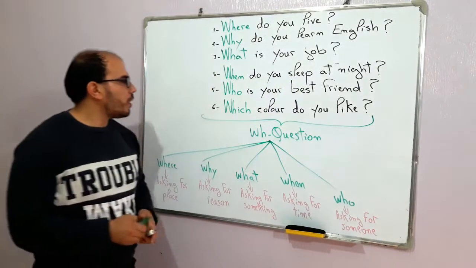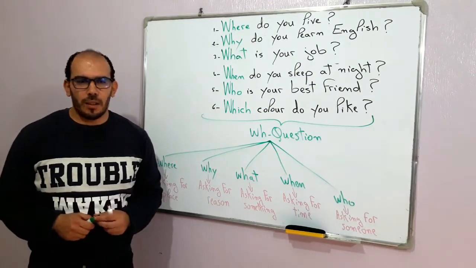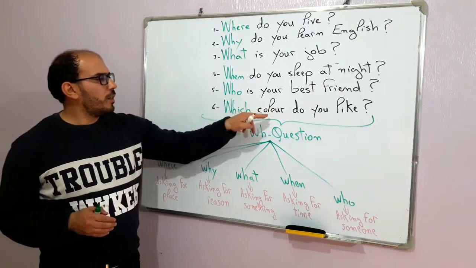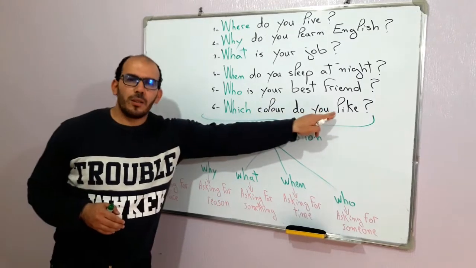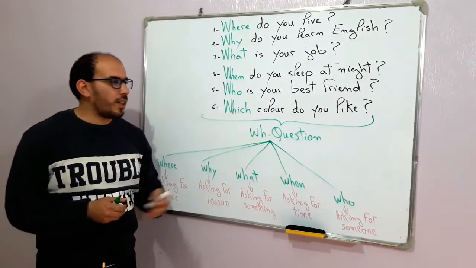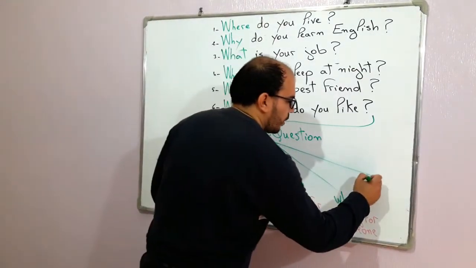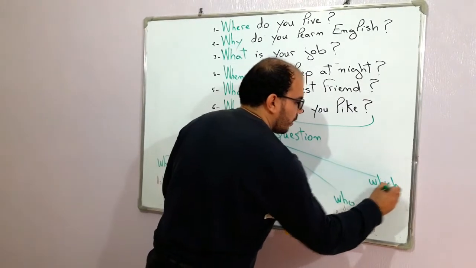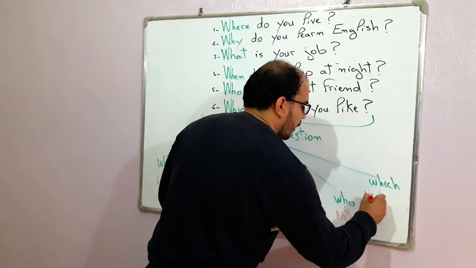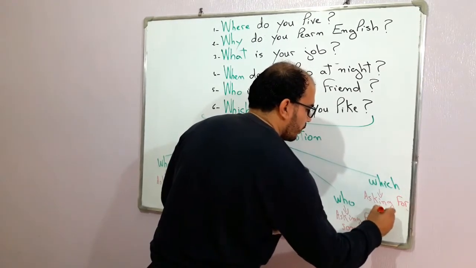Okay? The last question is, which color do you like? Of course we have different colors, but I ask for the name of the one that you like. Which color do you like among these colors? This means that which in this case is used for asking for choice.